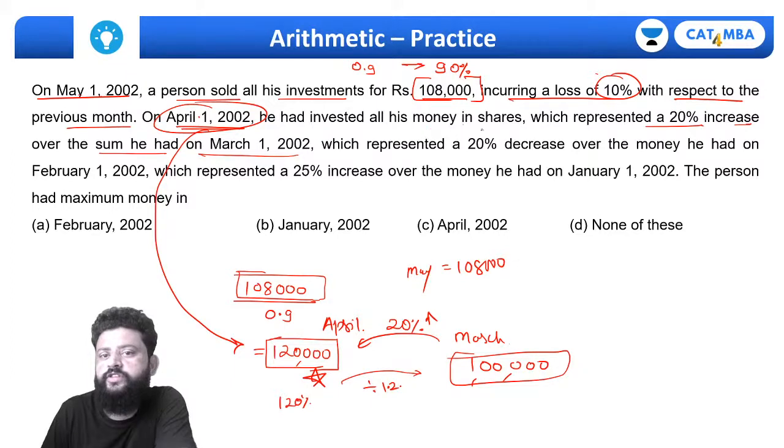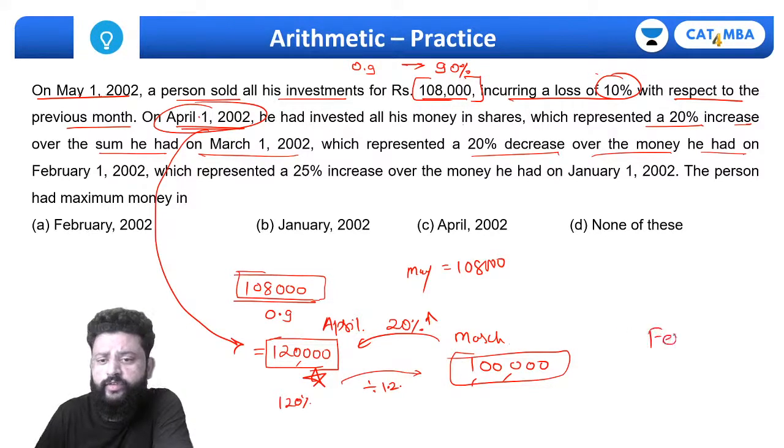So he had invested also, which represented 20% increase over the sum in March. तो यहाँ से 20% increase हुआ, which represented 20% decrease over the money he had in February. तो February का amount से यहाँ पे जब आया तो ये 20% decrease था. तो this is just 80%.